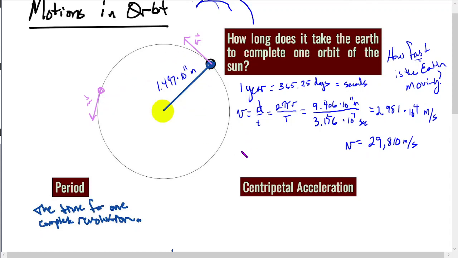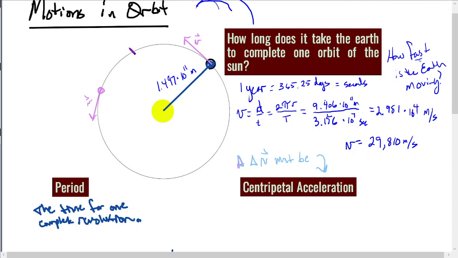And any time we have a change in velocity, we must have an acceleration. But this speed, this 29,810 meters per second, doesn't really change. It changes a little bit as we get closer to the sun and further away from the sun, but that is our average speed as we travel around the sun.